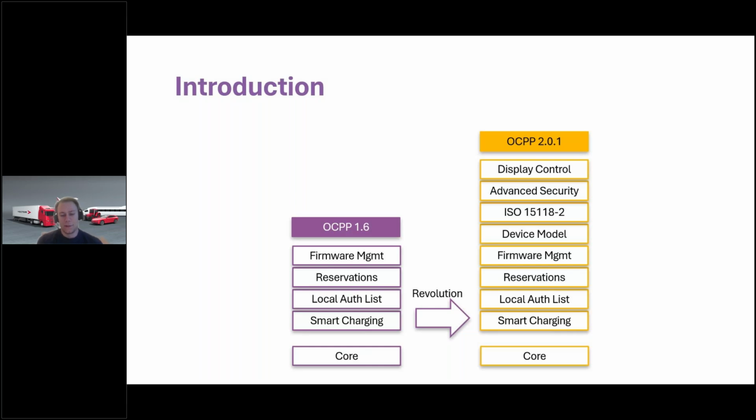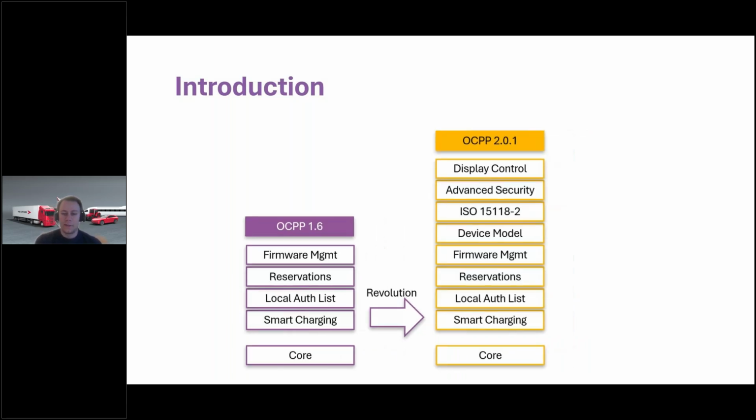But the downside of this was that if you wanted to migrate to the new OCPP version, you had to undergo some important changes and some huge changes in your software implementation. And this made the migration or the adoption of OCPP 2.0.1 not easy, at least. And for the new release, OCPP 2.1, we tried to change this.